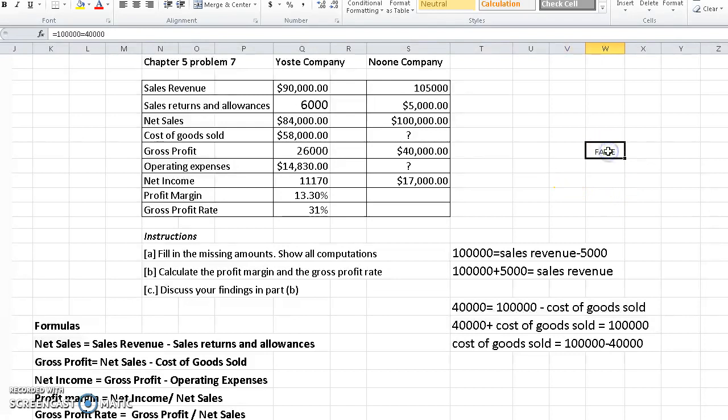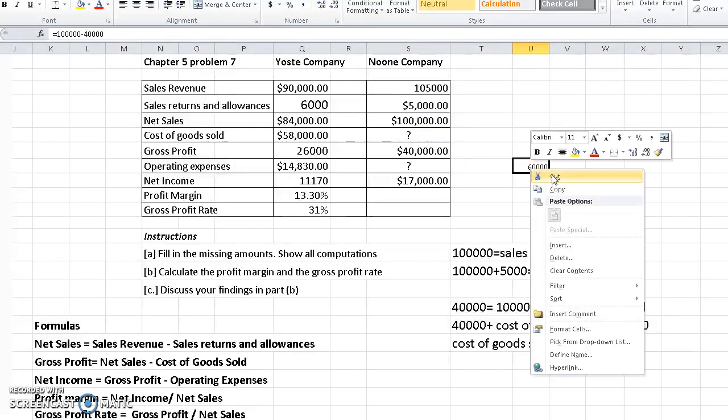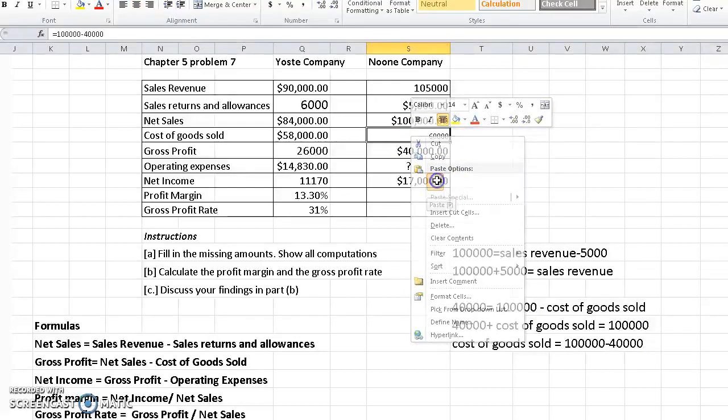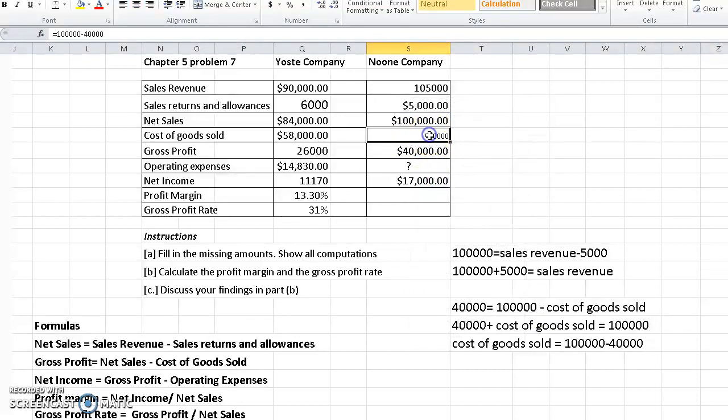I don't know why I'm getting that. Okay, there's our answer, 60,000. So we're going to cut that. Again, we're going to paste that right here. And we'll take that, make it so it looks good.